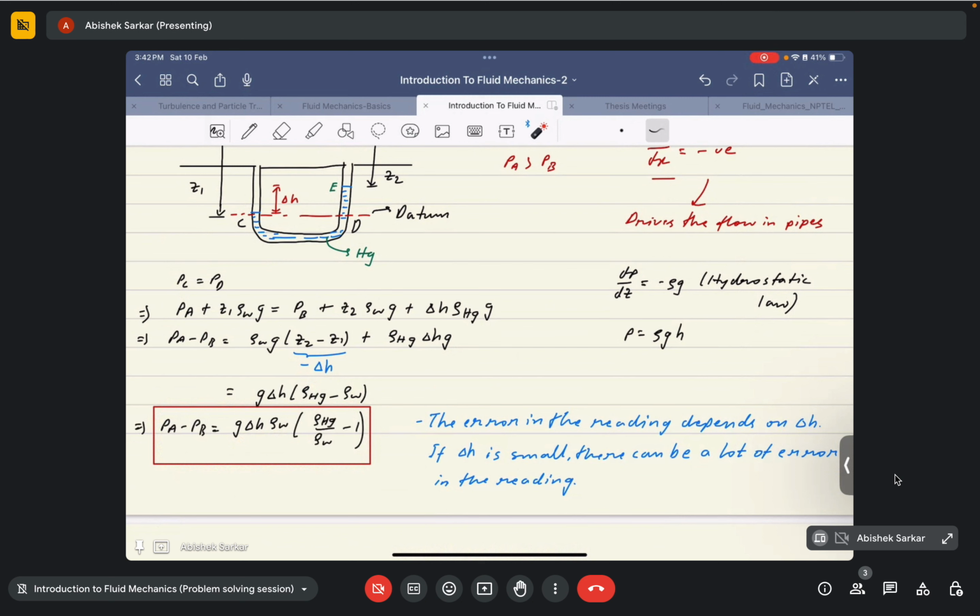Is it fine now? Yes, sir. So see, the concept is very simple. Just revisit it. I guess its exact derivation is done by Professor Chakraborty in the lectures. Just go through it once. Once you're able to catch the concept, I don't think there will be any problem regarding manometers that you will not be able to solve.